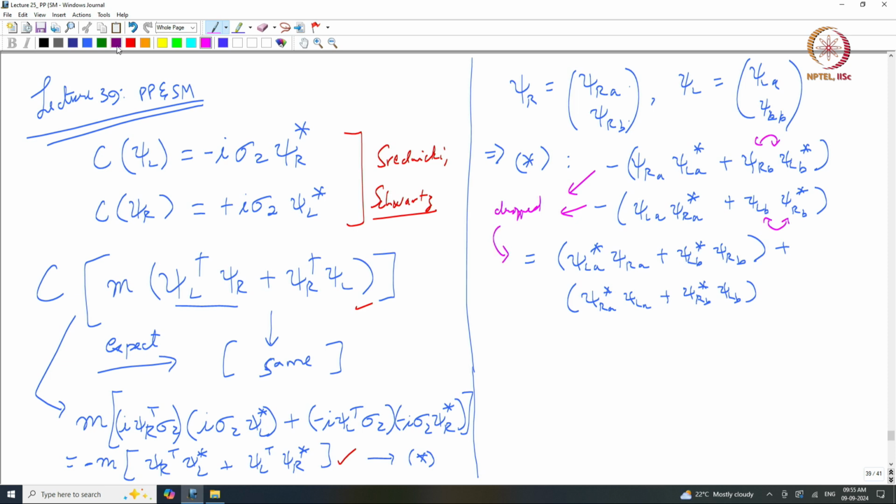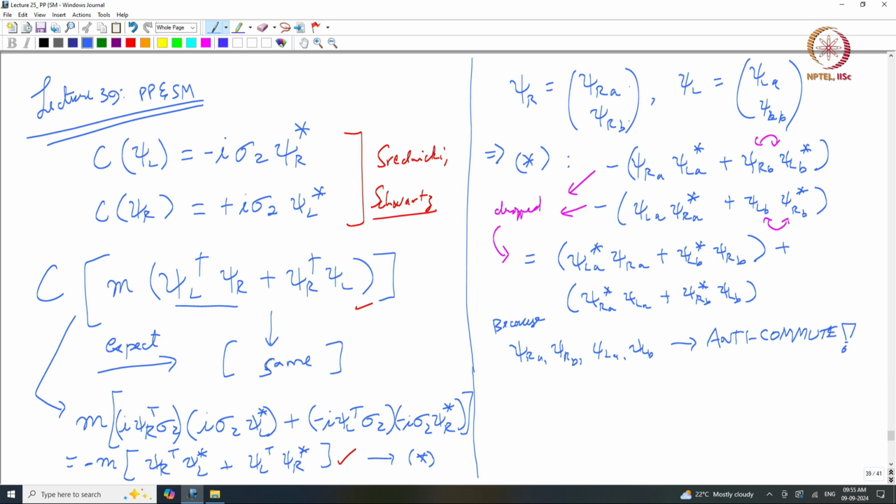Why did that happen? That is because these numbers, psi r a, psi r b, psi l a, psi l b, all these numbers actually do not commute, they anti-commute. That is one of the things that makes spinors really special.